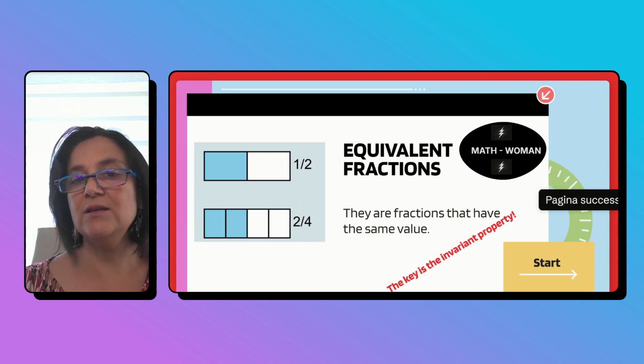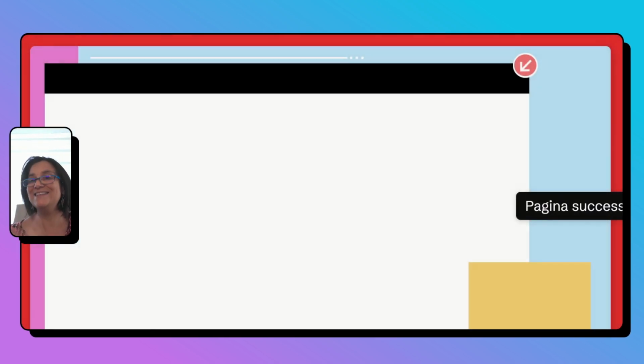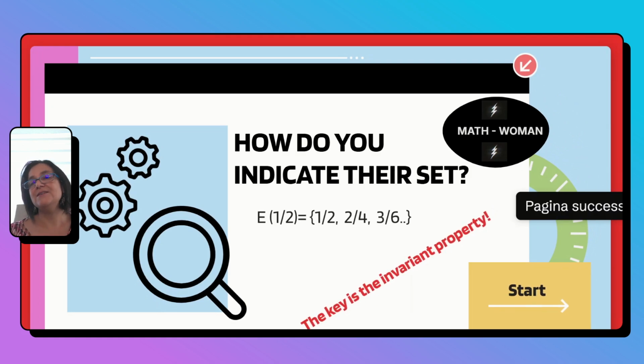Is there a way to write all the infinite equivalent fractions? Yes, there is: multiply numerator and denominator by the same number, first by 2, then by 3, then by 4. To write this set, I have to use a capital letter, because we use capital letters to indicate the different sets of numbers.